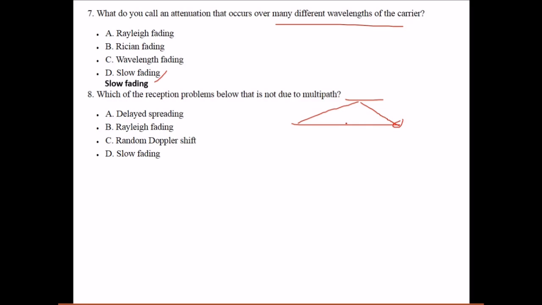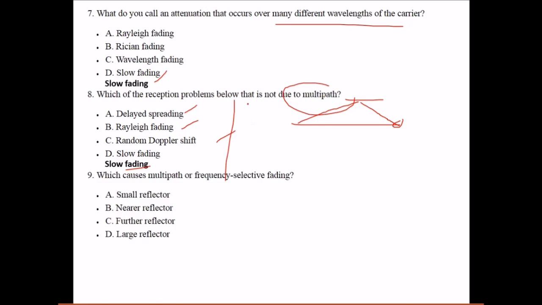So they are multipath, and they can combine constructively and destructively also. So which of the reception problems below is not due to multipath? This is slow fading again. The answer is slow fading. Others are due to multipath: delayed spreading, Rayleigh fading, and random Doppler shift. Some of the other multipath criteria is there.